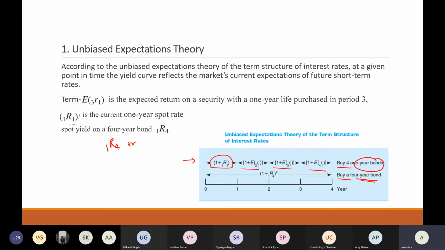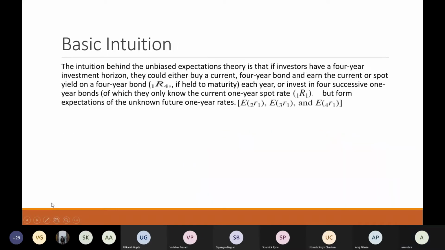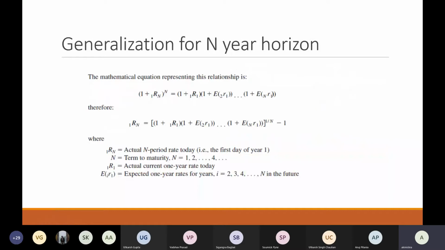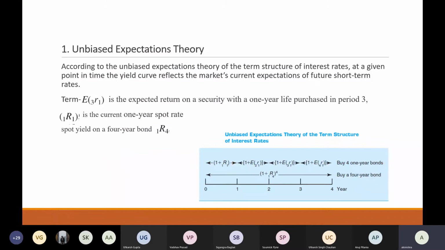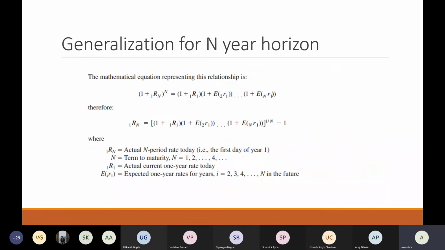So if we put this in terms of an equation, let's say we extend this theory from 1 year. If I want to represent what you are going to buy, you can refer to this relationship.